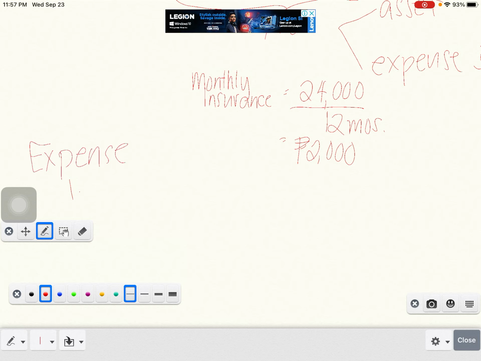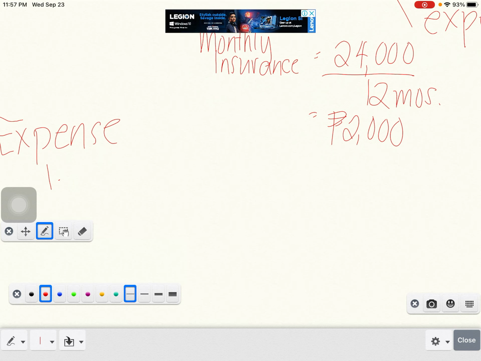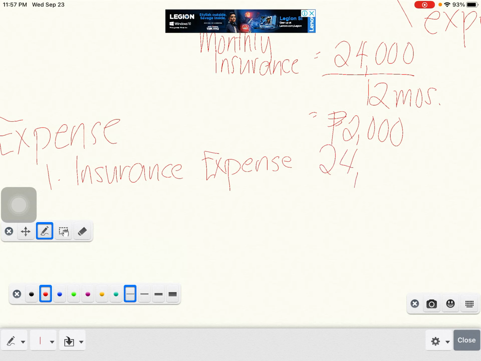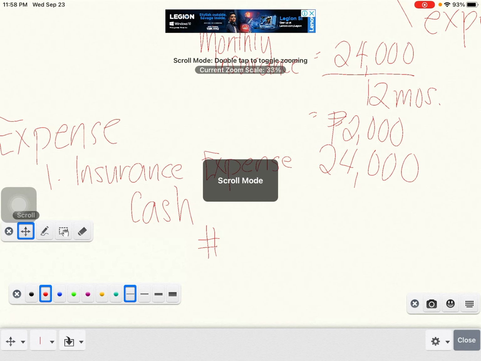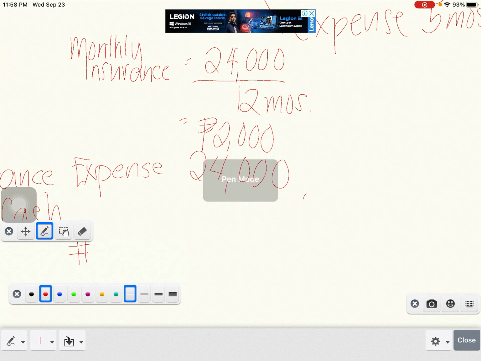So the original journal entry, to record the prepayment: expense method, so record it as insurance expense for the whole amount of 24,000. Take note, it's still the original entry. Credit, you paid, cash, 24,000.